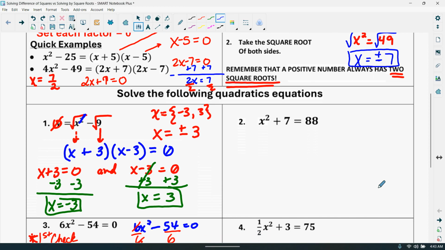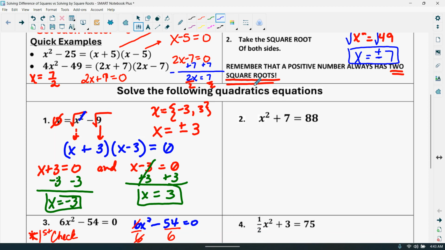All right, so on the first one, if I isolate this x squared, what are we going to have to do first? Exactly, you're going to have to subtract the 7 on both sides. We're going to cancel out that 7 and get x squared equals 81. This is the one I was talking about at the end of the last row. Now we're going to take the square root of both sides.